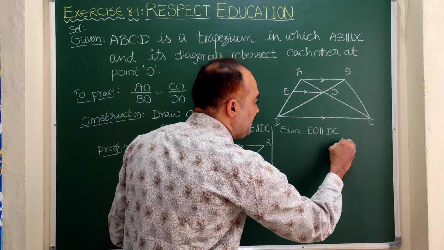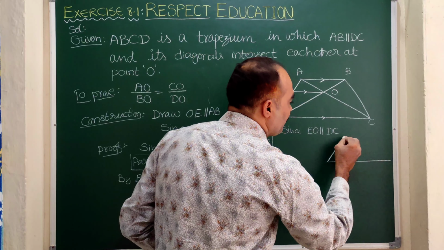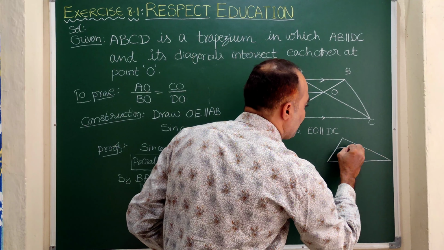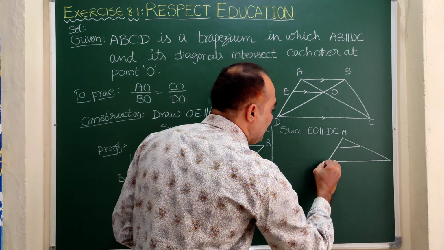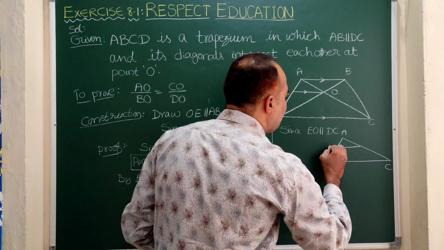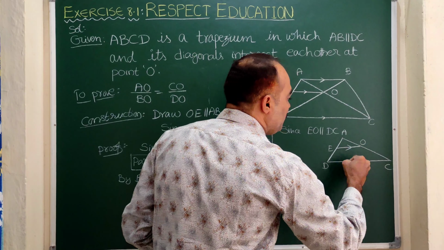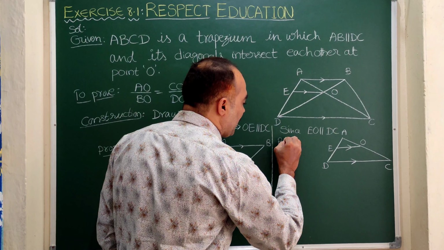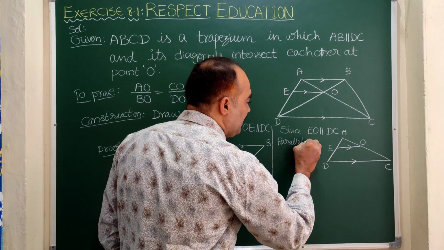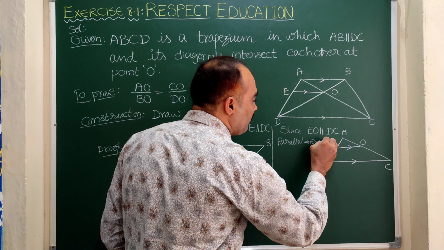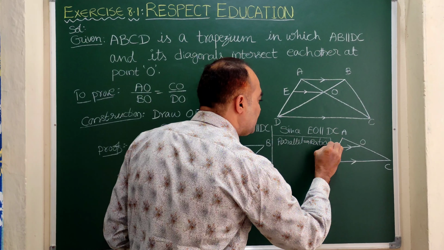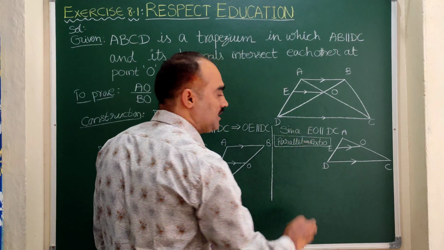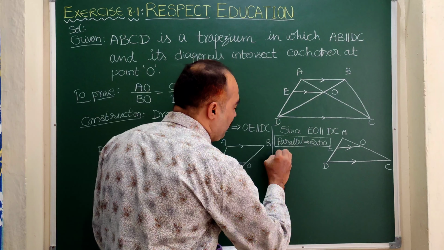So here I am drawing it. This is ADC in which EO is parallel to DC. As you know, when the condition comes parallel, then the ratios are equal. So let us keep it in our mind: parallel implies ratio, it is given by BPT.